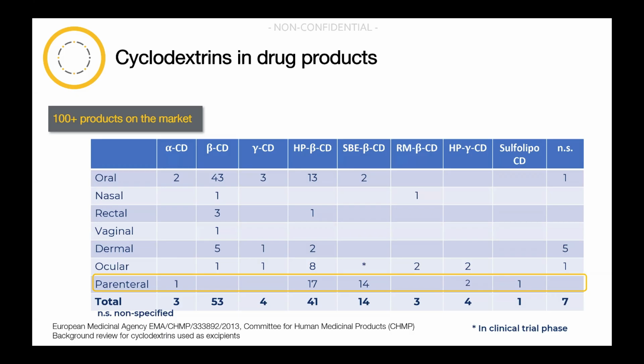Why are these two, HP beta and sulfobutylated beta, the main focus? So the solubility of these derivatives is very high. It can reach 40%, which is a huge advantage of these derivatives compared to other cyclodextrins, like beta has 1.5%, alpha has 20% maximum solubility in water.